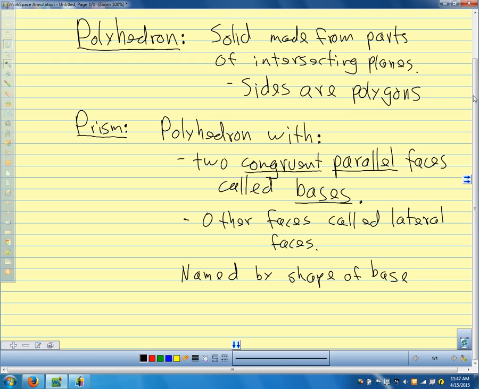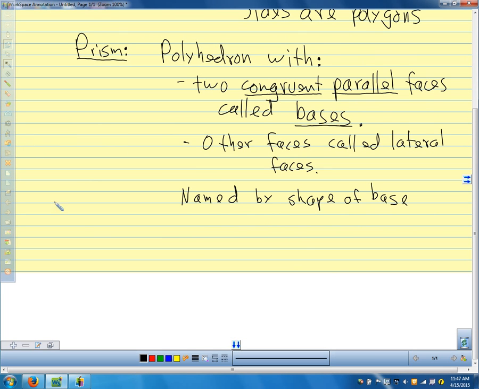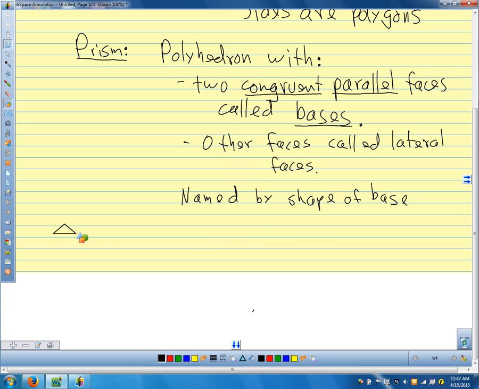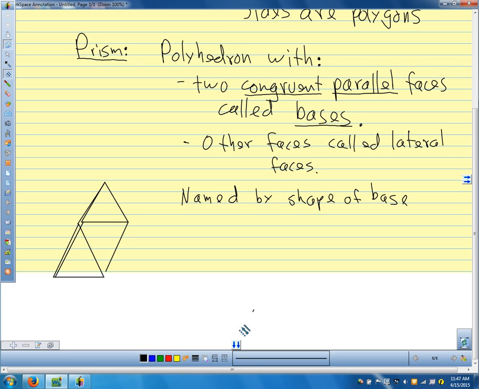So let's draw a couple of pictures and name a couple of prisms. The one that we're probably the most familiar with would be a triangular prism. So here's a triangle, something like this. And I'm going to connect these like so. Connect this, connect these. There would be a triangular prism.